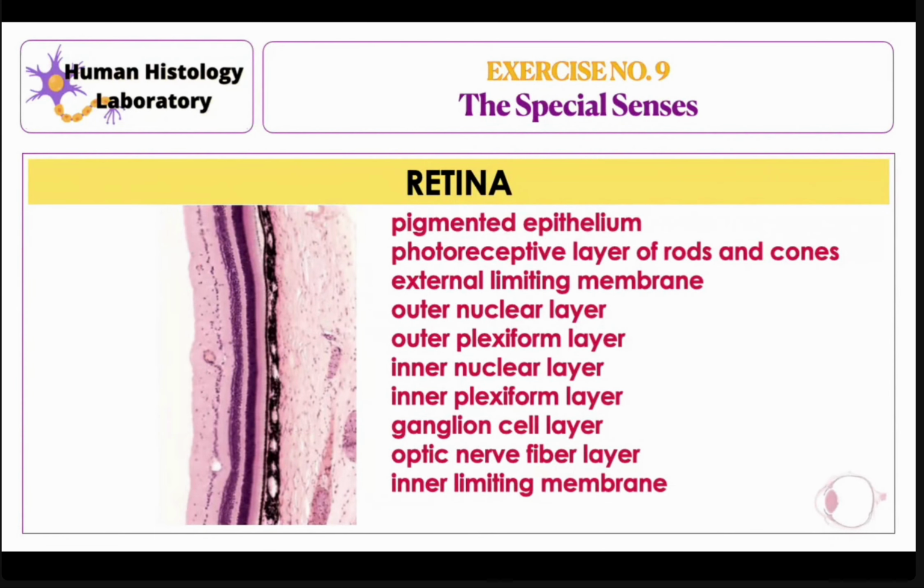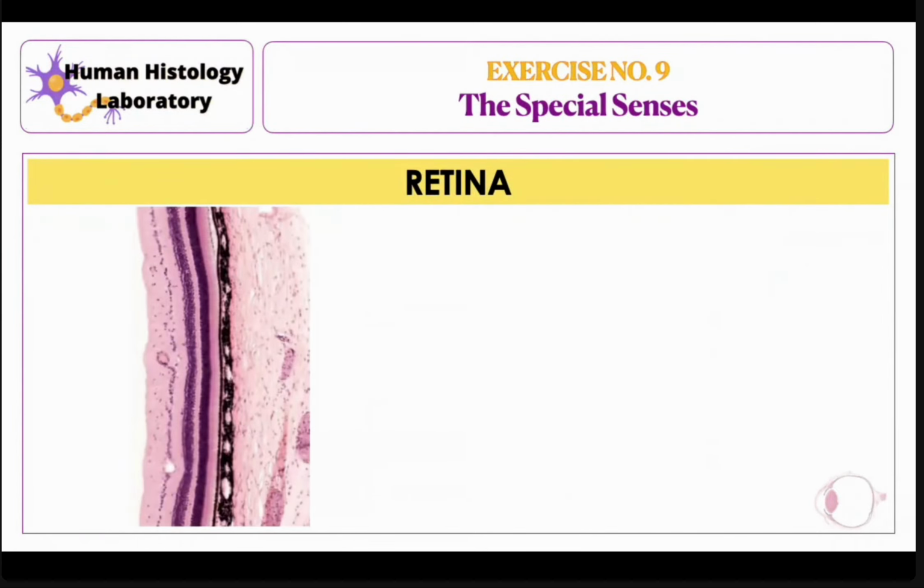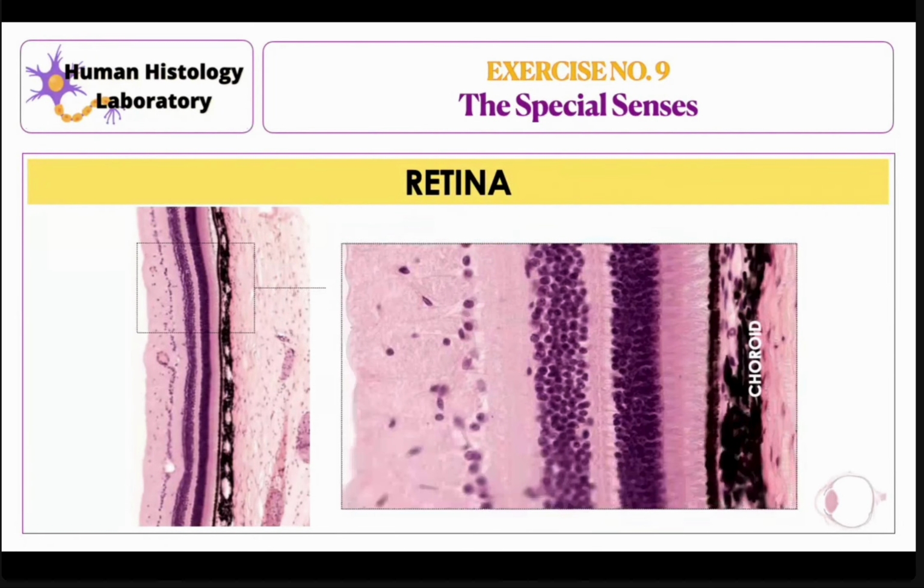So when you look at your specimen later on, you look for the retina. Okay, so this is how it would look like. So ideally, ganito siya. Where is the pigmented epithelium? There, number 1. Number 2 would be the photoreceptive layer of rods and cones. Number 3 would be the external limiting membrane.